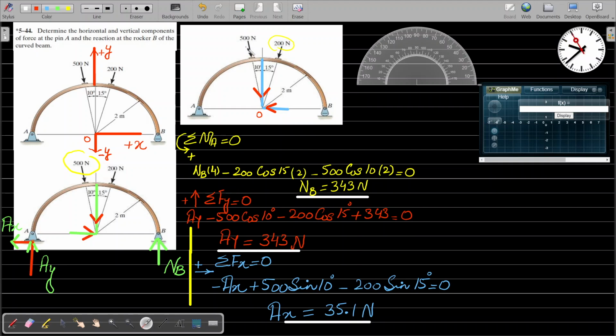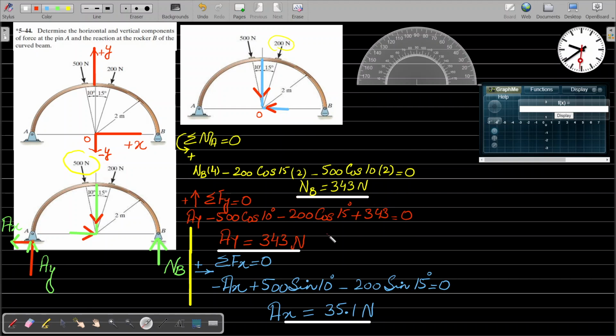The 500 Newton force also has two components, 500 cos 10 and 500 sin 10. The 500 sin 10 component has no moment arm, but the 500 cos 10 component has a moment arm of 2 meters, so 500 cos 10 into 2, with a minus sign because it takes the beam clockwise. This equation has one unknown, NB, which is calculated as 343 Newton.